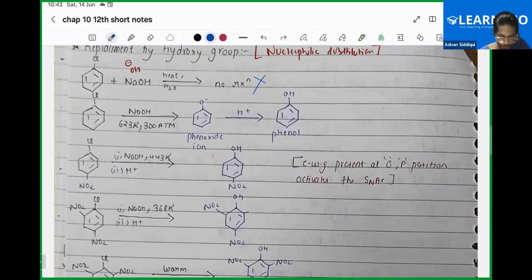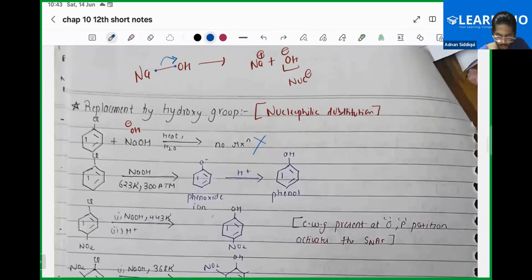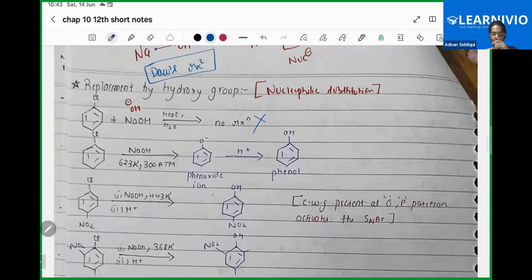This is called the Dow reaction as well. You might have heard this in your class if they have completed this chapter. Have you heard about this Dow reaction? So what is happening? Ideally, the reaction won't go, but if you give it very high pressure and temperature, the reaction will proceed.